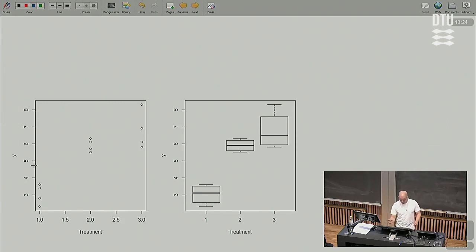What's the mean of these data? Total mean, something around here. Then I could take each individual data point and compare with the mean, like this. That's my total variability. Like that.